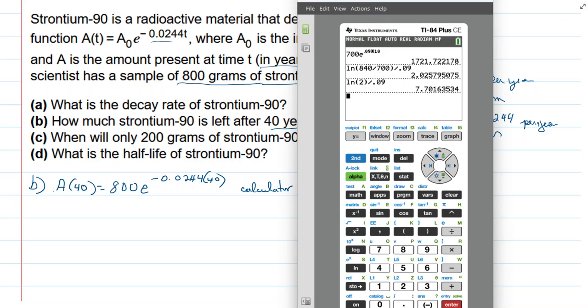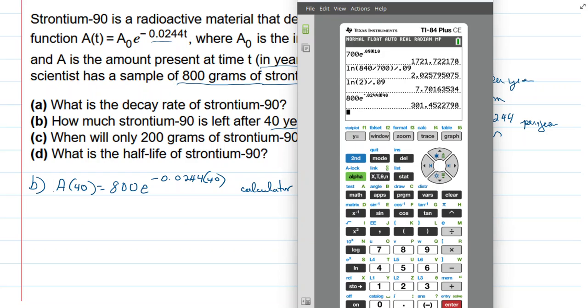Okay, so we're going to enter our 800, second ln. We're going to enter the negative sign, decimal 0.0244 times the 40, making sure that it's all enclosed, whichever calculator you have. Mine displays it the way it's shown on your paper.